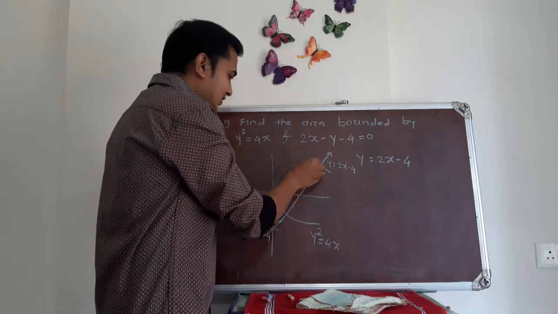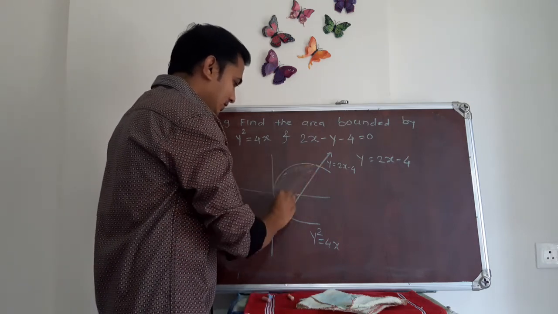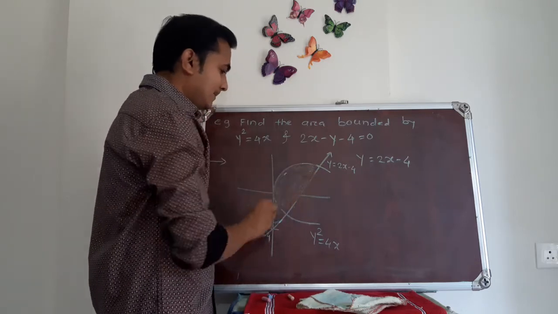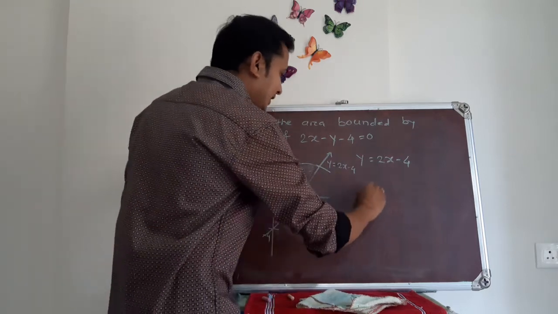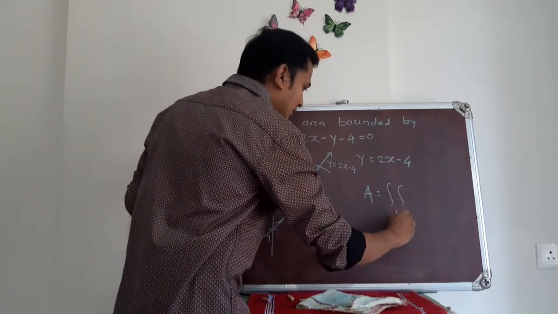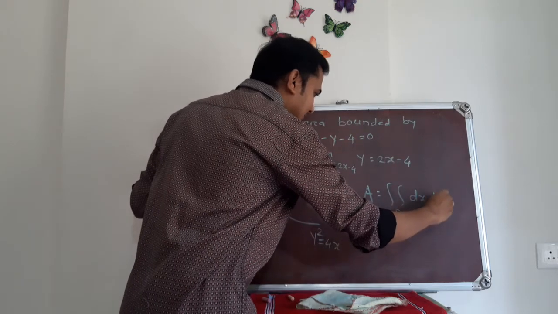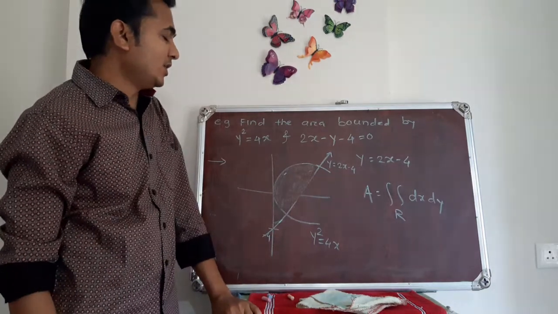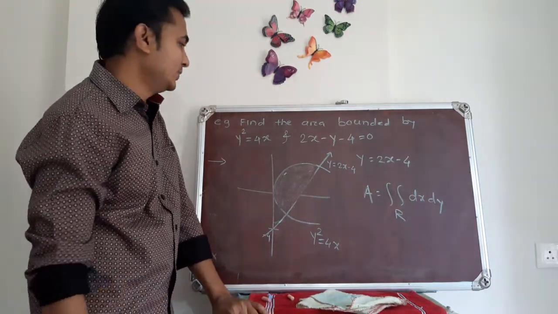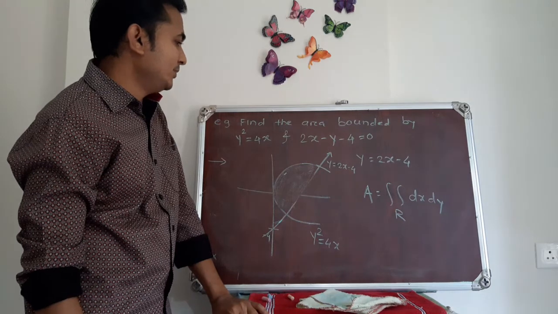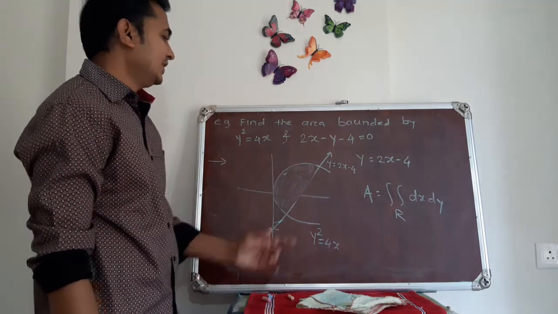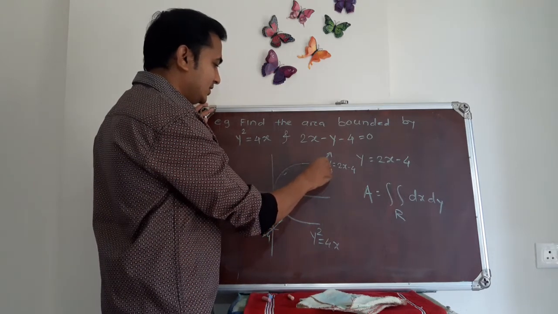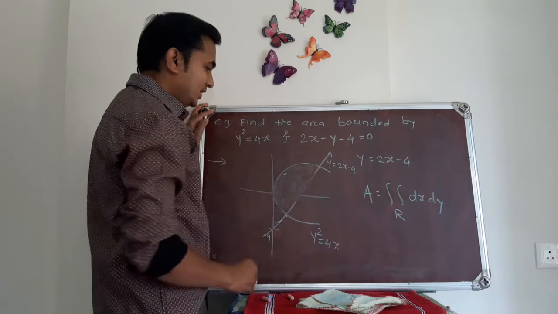Alright, so this is the region bounded by these two curves. Now, as we know, A is equal to double integral over R dx dy. Okay, so if you find limits for y and x, then you are through. Okay, so before we find out limits, let us find out these points of intersection.